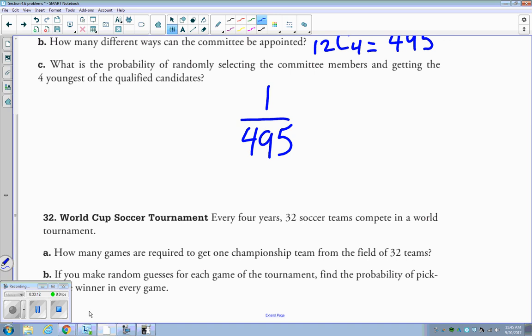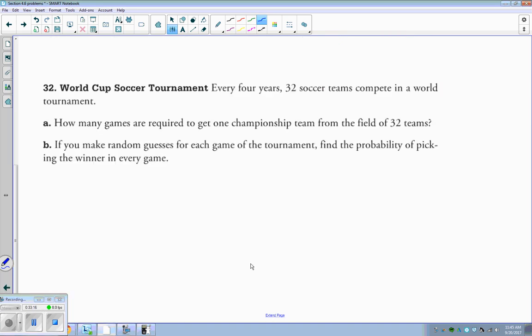And then we get to World Cup soccer. Every 4 years, 32 soccer teams compete in a world tournament. How many games are required to get to the one championship team when you begin with a field of 32 teams?